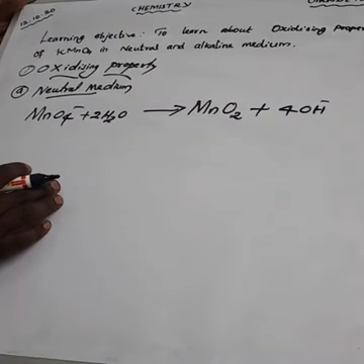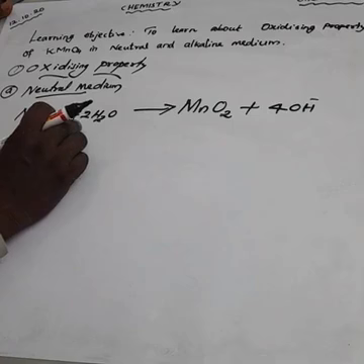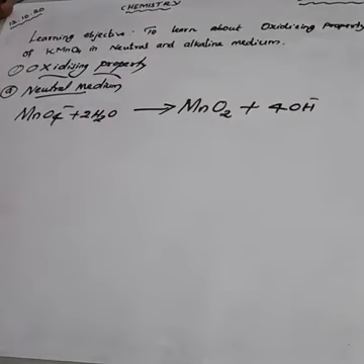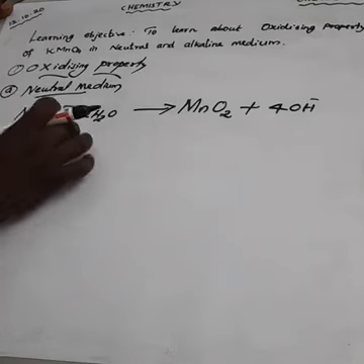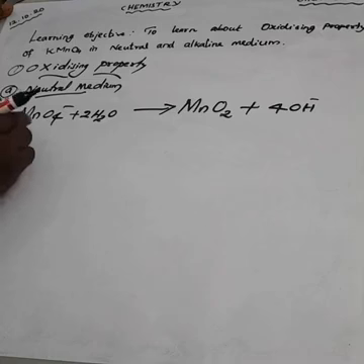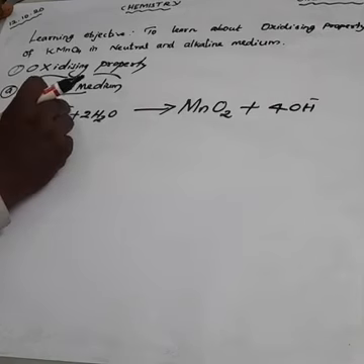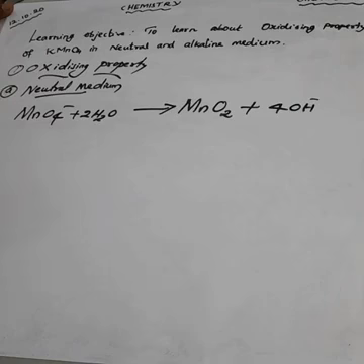Clear? Next we have to balance the hydrogen. On the left hand side we have 4 hydrogen, and on the right hand side we also have 4 hydrogen, so hydrogen is balanced. Next we have to balance the charge. On the left we have MnO4 minus ion, which has only one minus charge.